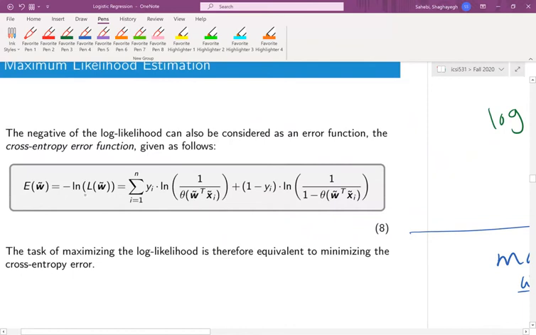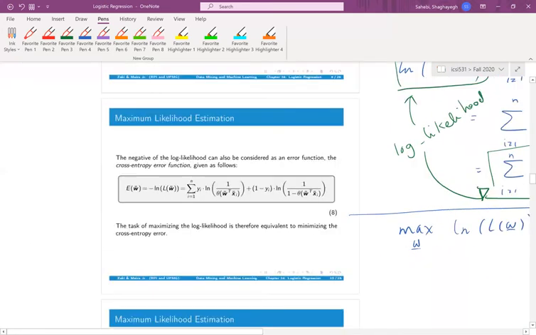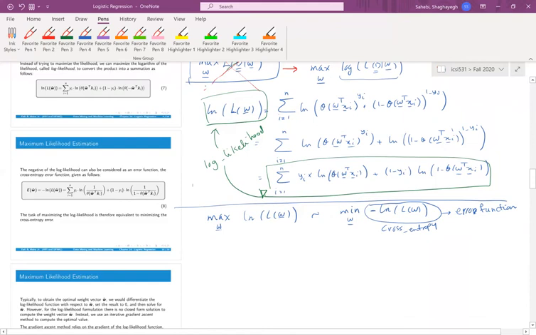The only difference is that it is negative. So inside the logarithms, instead of the logarithm of theta of W transpose xi, we can have the logarithm of 1 over theta of W transpose xi, which is going to be the negative of the original one. Okay, so this is the cross entropy function, just so that you have an interpretation of error minimization instead of maximum likelihood estimation.